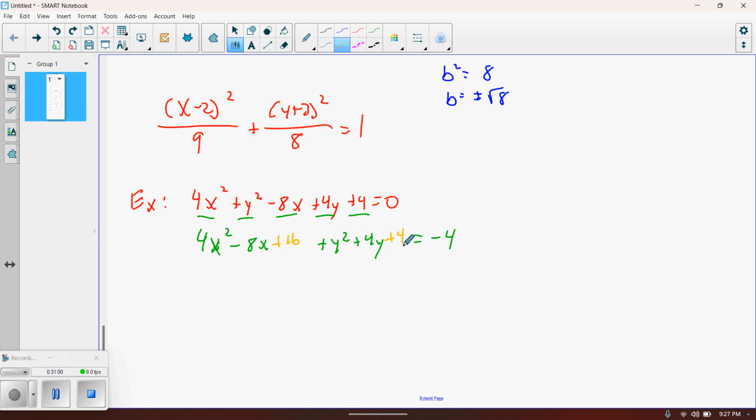But remember, I just now added 16 and 4 to one side of the equation. I also need to add the 16 and 4, or 20, to the other side of the equation to keep it balanced. So now we're going to take this group, that group, and factor them. And those should be perfect squares when we do.